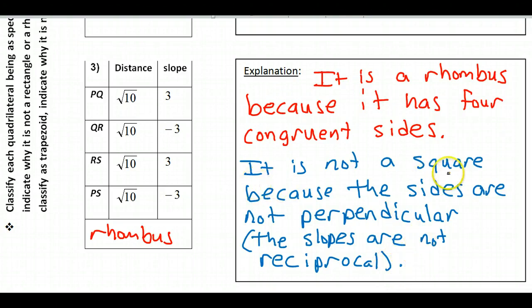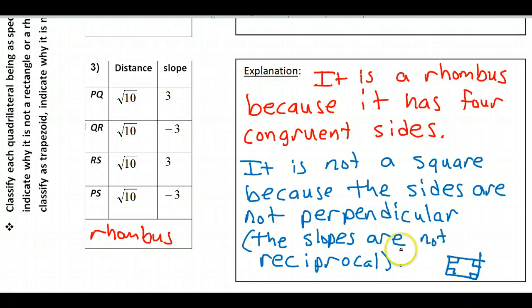It is not a square because the sides are not perpendicular. The slopes are not reciprocal. Remember, if it's going to be 90 degrees, that means perpendicular. A square has 4 right angles, so all the sides should be perpendicular. So they should have been opposite and reciprocal.